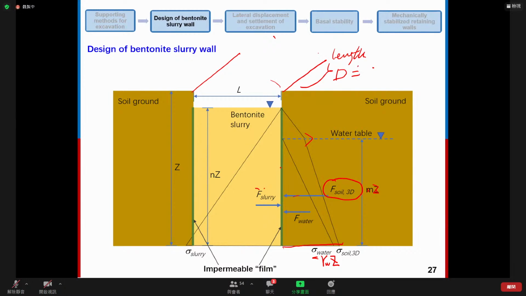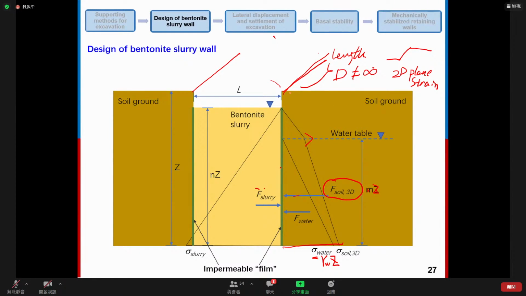So this one is not infinite. For the slope analysis, you have learned in lecture 3, we have the assumption that the length in this direction is infinite. So in that case, we can consider the slope is on the 2D plane strain condition.